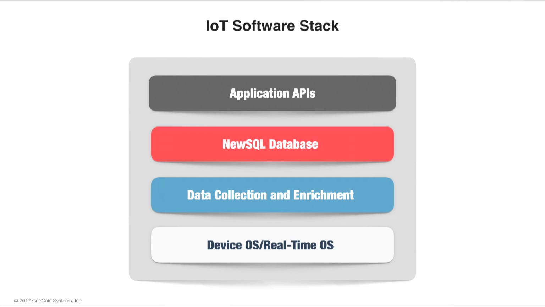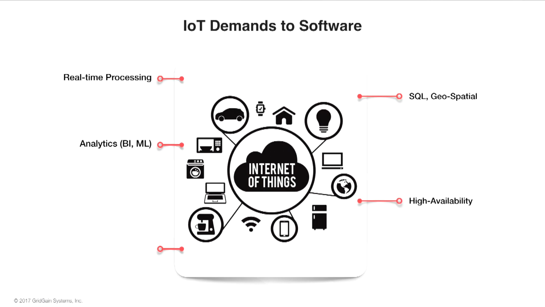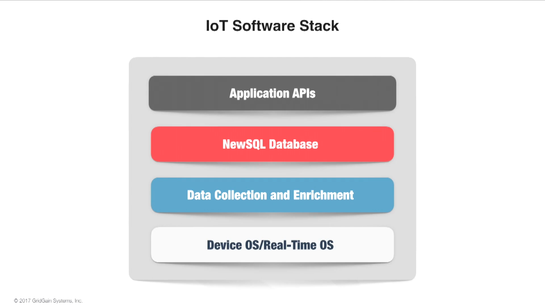Simply because that type of database supports all the guarantees, all the demands that are usually driven by IoT applications, such as real-time processing, simple scalability, high availability, and for sure APIs such as SQL. This is all you can get with a new type of databases that sometimes are marked as NewSQL databases.